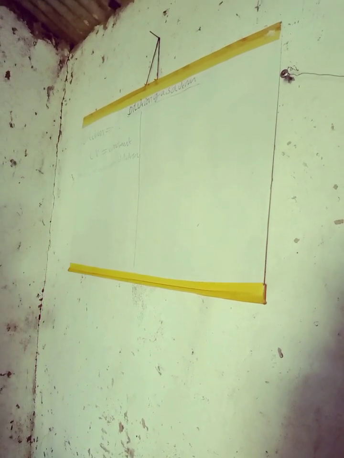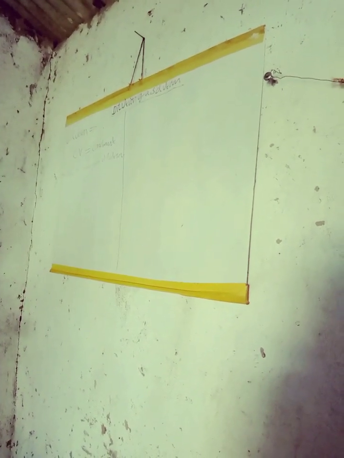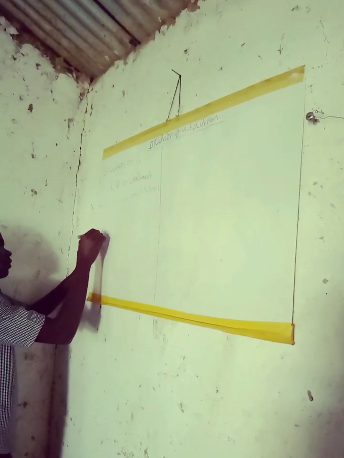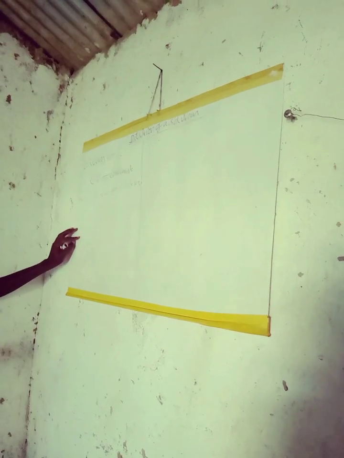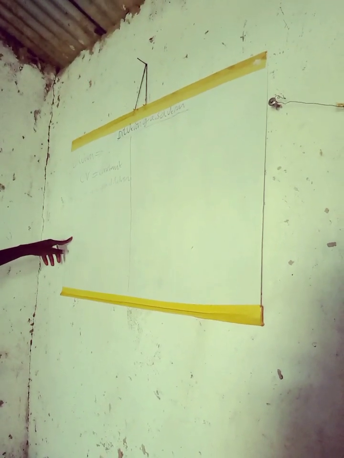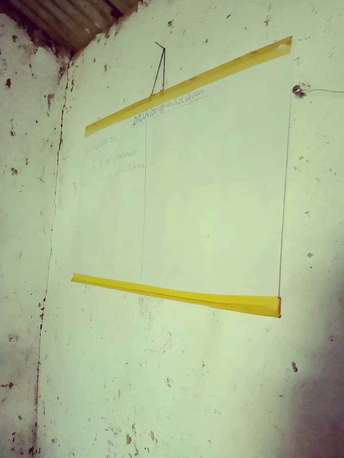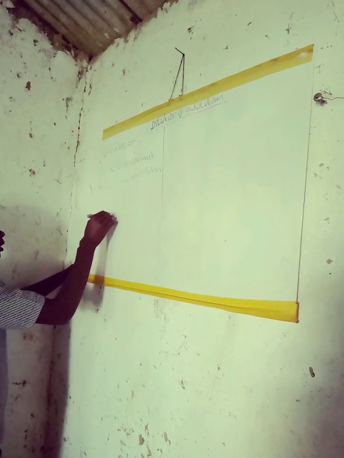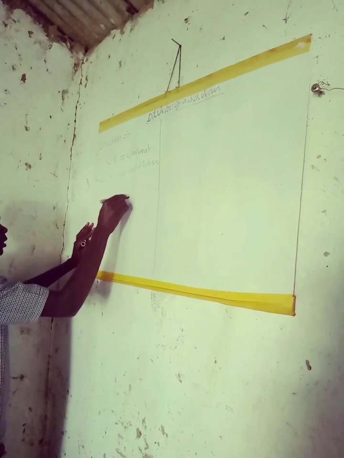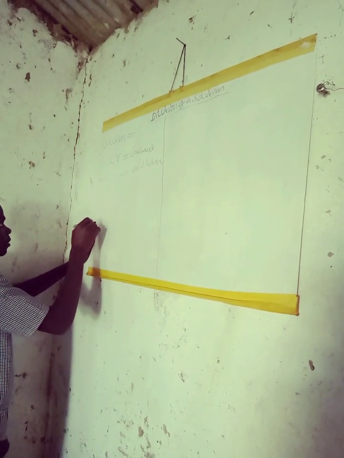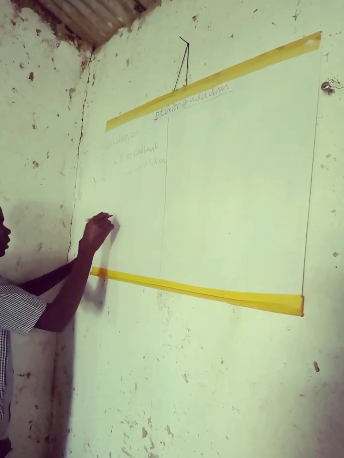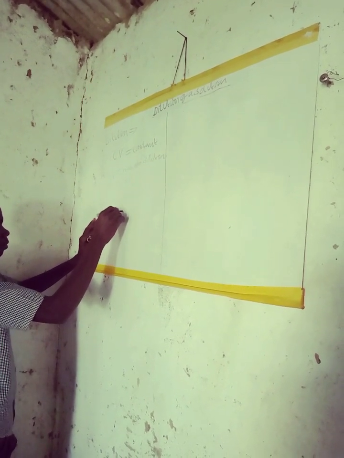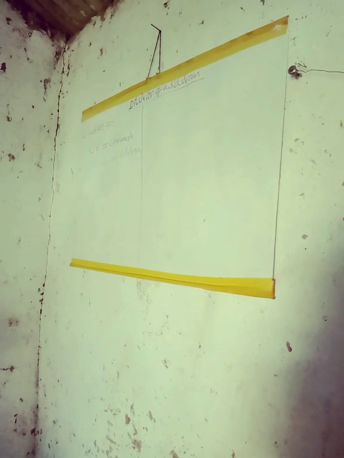So they have given you volume 1, which is 120 centimeters cubed. Concentration 1 they have given you as 2 molar, which is just the same as 2 moles per decimeters cubed.